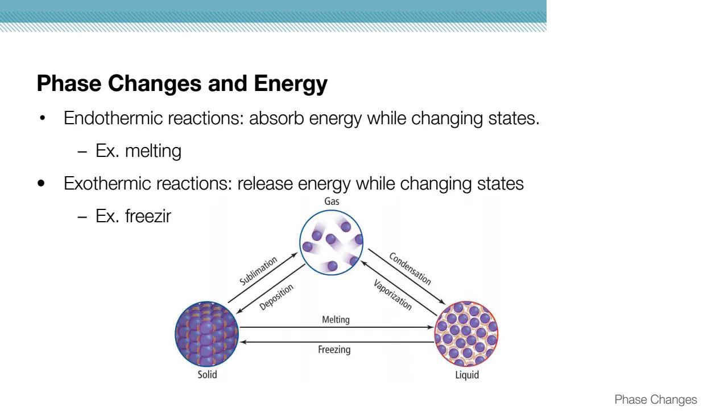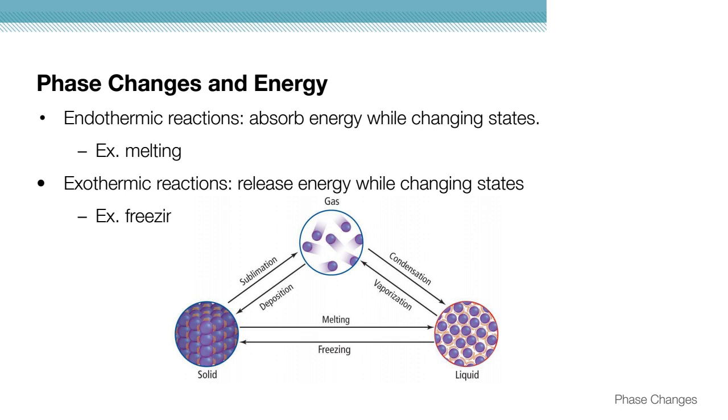And then we're going to finish up today by talking about phase changes. So chemical reactions tend to either fall into one or two categories, endergonic or exergonic. When we're talking specifically about heat energy, we call them endothermic and exothermic.